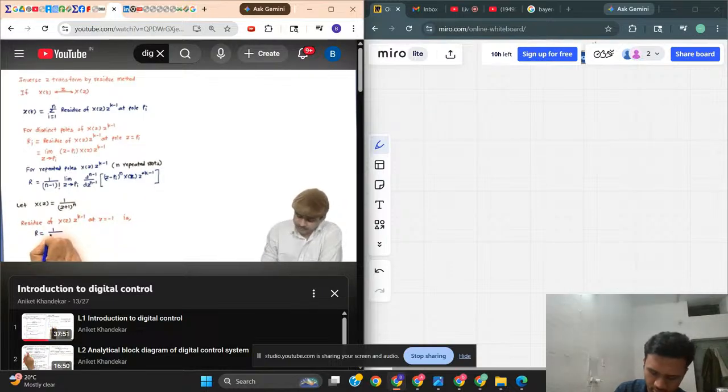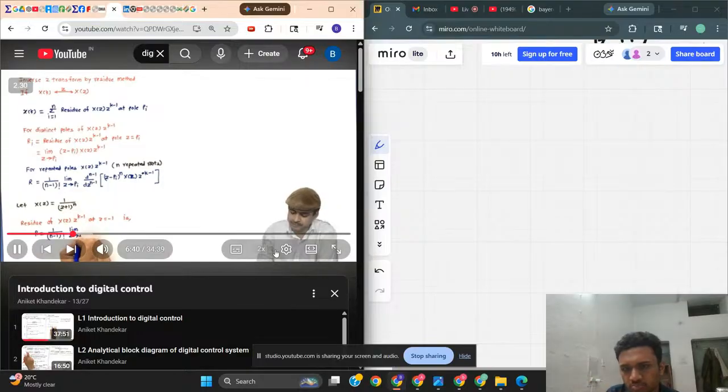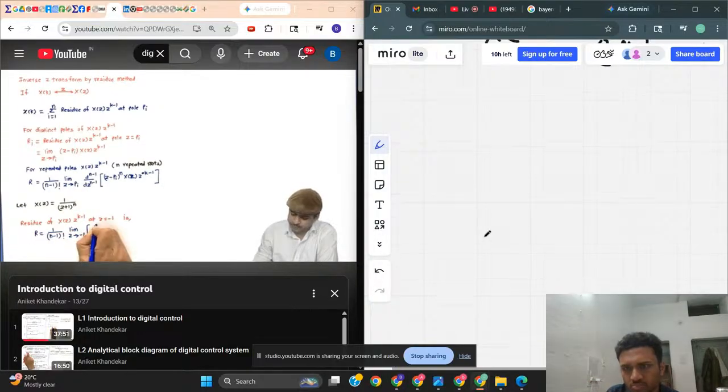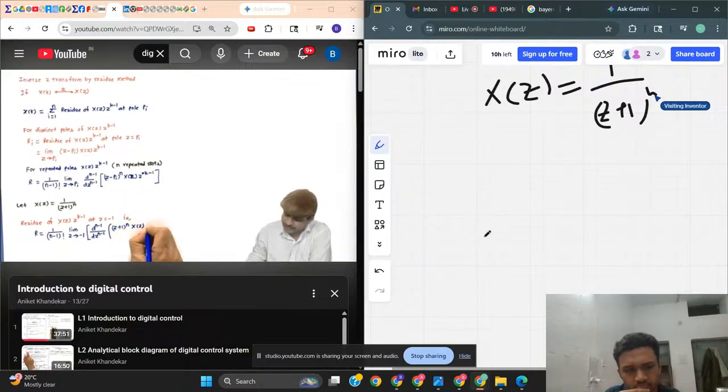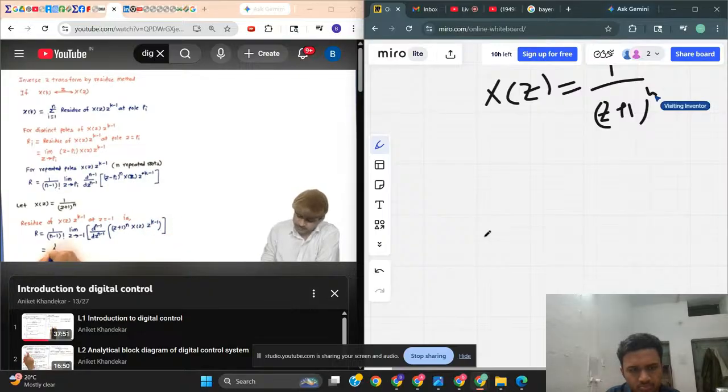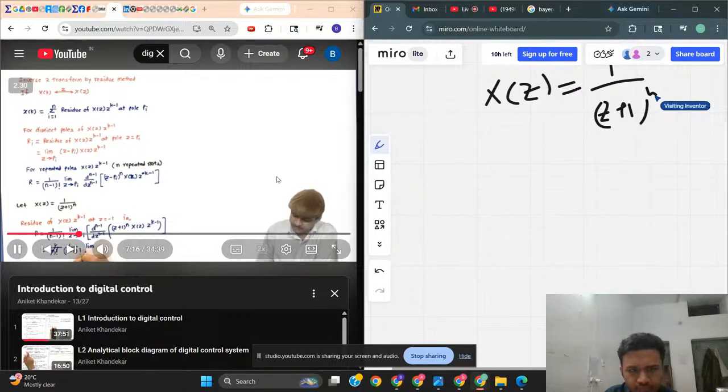So this will be 1 upon (n minus 1) factorial, limit z tends to minus 1, the (n minus 1)th derivative of (z plus 1) raised to n into X(z).